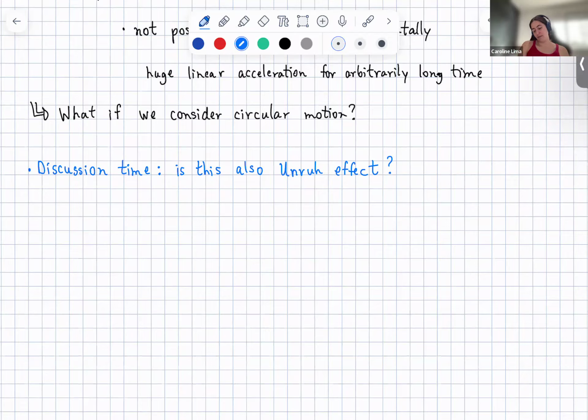Another pro would be that you can perform this experiment in some finite size lab. Otherwise, how are you going to produce this huge acceleration for an arbitrarily long time if the acceleration is linear? That would be a problem. Any more takes on that?